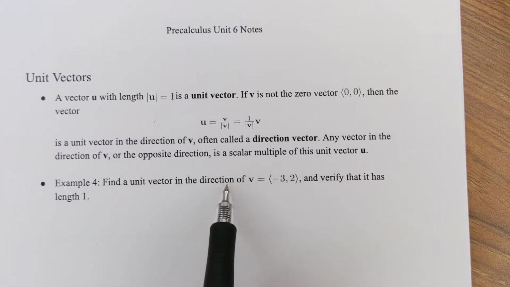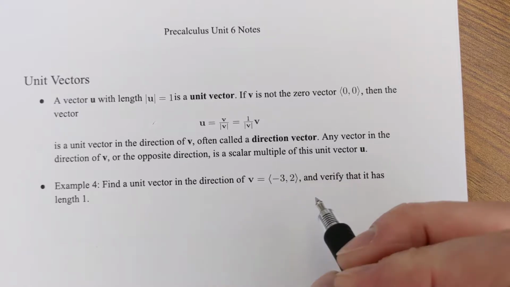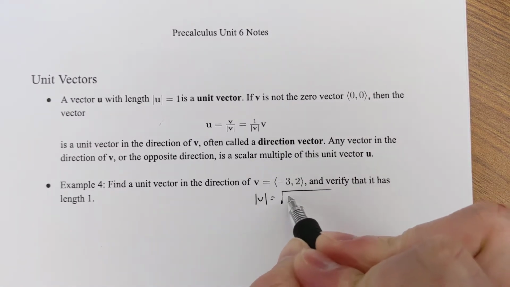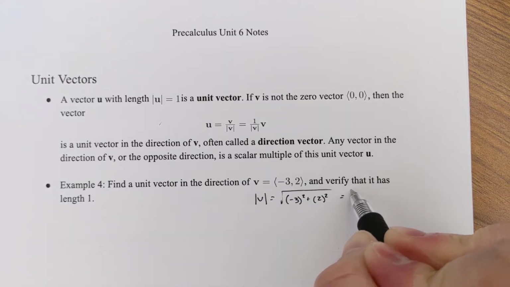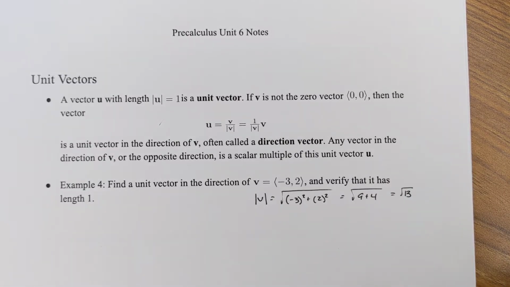So find a unit vector in the direction of v and verify that it has length 1. The first thing we need to do is figure out the magnitude of v. The magnitude of v is given by the square root of a squared plus b squared. So that's 9 plus 4, so that's root 13.